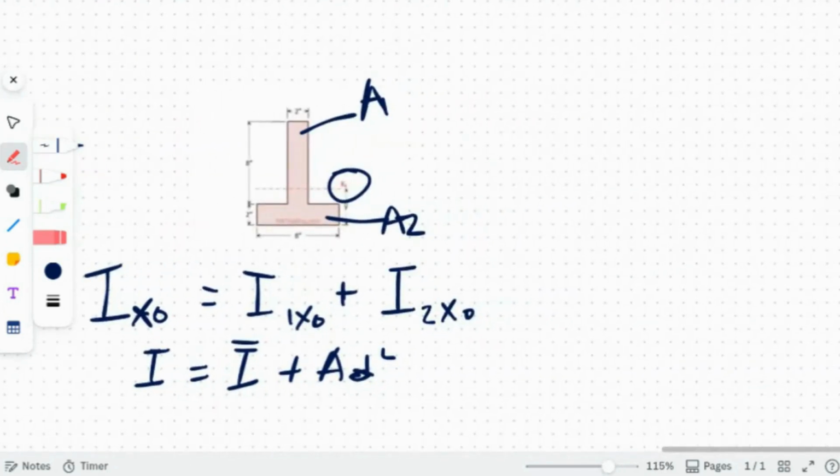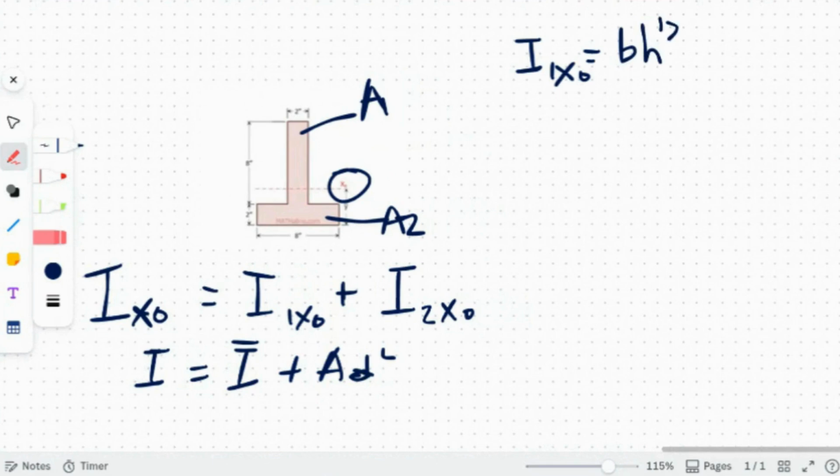Let's try the first area, area one. I1 XO is equal to bh cubed over 12.